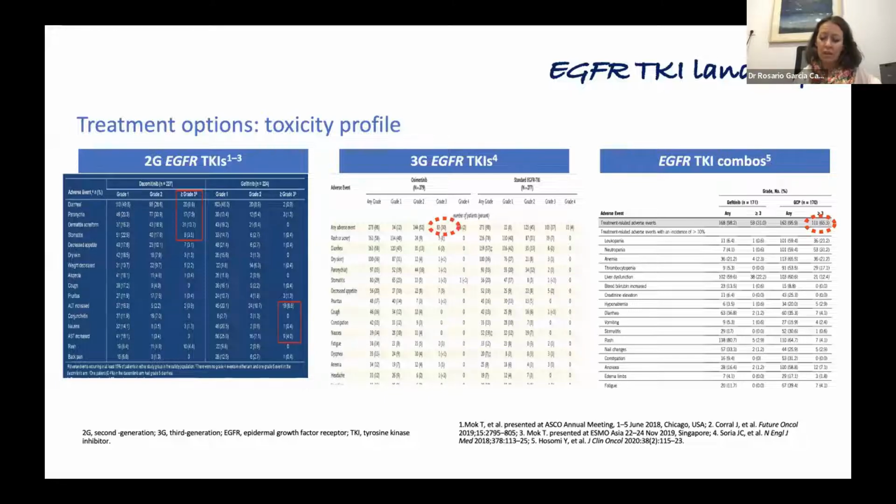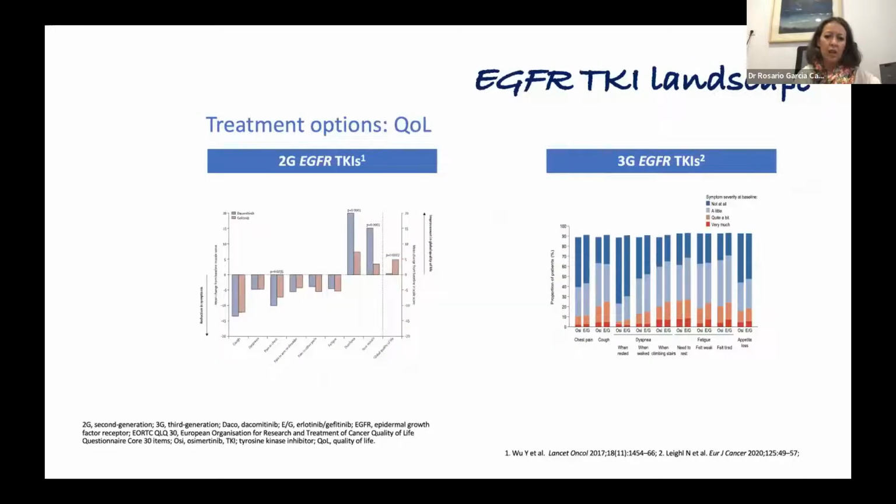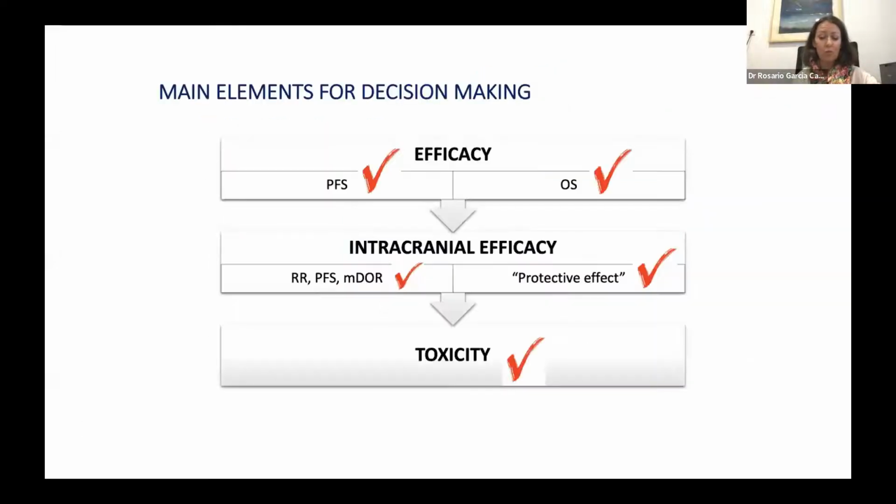Those adverse events are less frequent in those patients who receive osimertinib. And regarding quality of life, again, we are comparing very good agents. First, second, third generation, all of them have a positive impact in terms of quality of life, although the relevance of the difference is not so important.